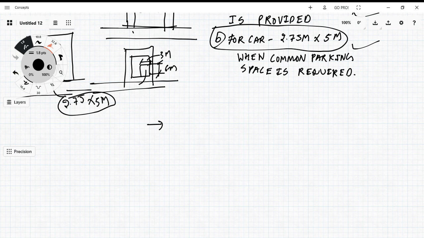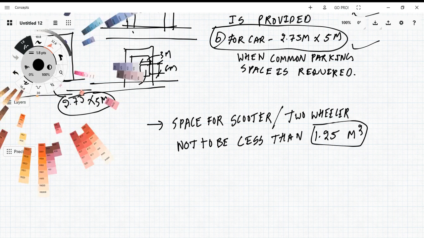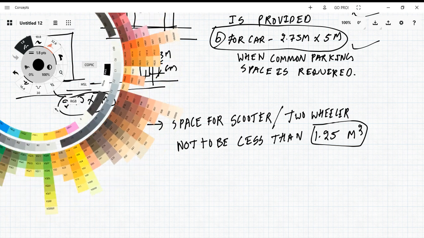So space for a scooter or two wheeler should not be less than 1.25 square meter. Very important, guys. Remember, everybody, 1.25 square meter.